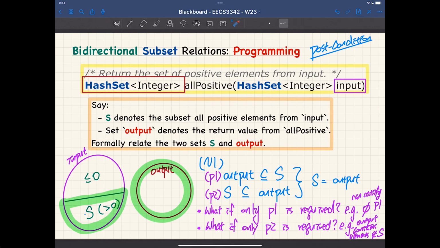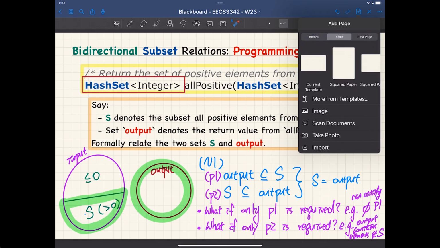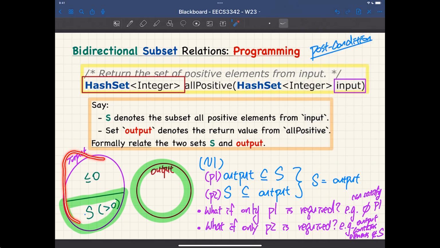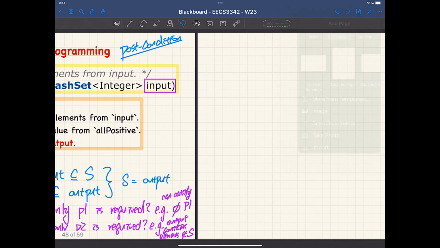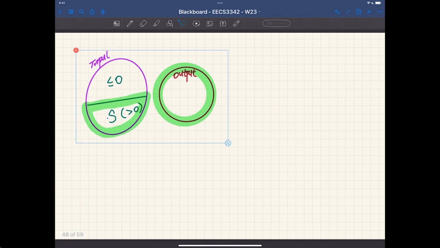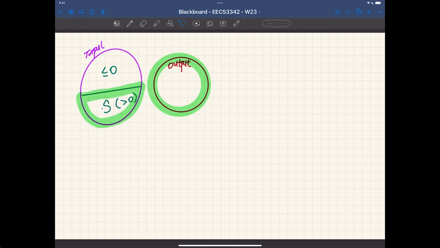Let's do version 2 very quickly by using predicates. I'm going to start a new page. I want to still keep this diagram here handy, and then I'll write it down, and then we can move on. Now, how do we specify using predicates, which will be equivalent to using set relation?